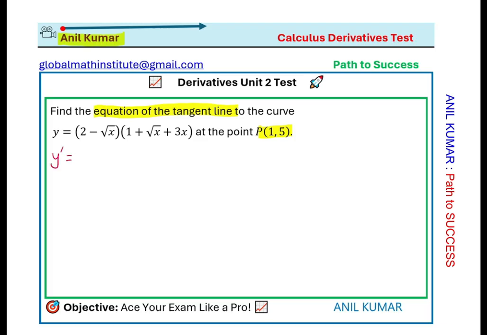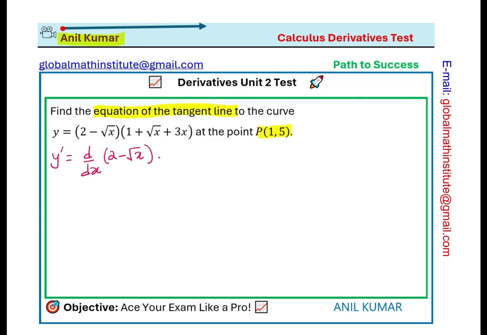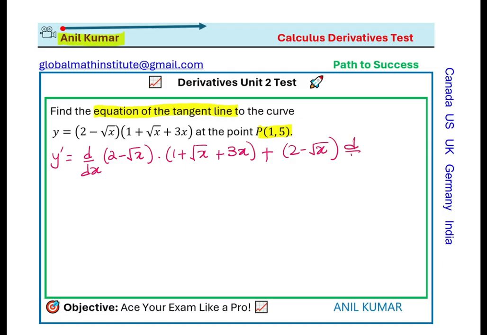So dy/dx, or y prime, we can use the product rule. The derivative of the first function, which is 2 minus square root x, times 1 plus square root x plus 3x, plus the first function, which is 2 minus square root x, times the derivative of the second function. Well, that's the formula you all know, correct? Let's see how we apply it in this particular case.